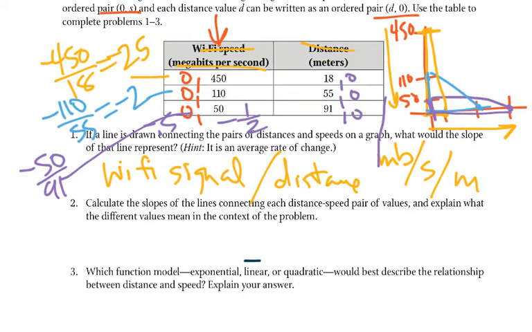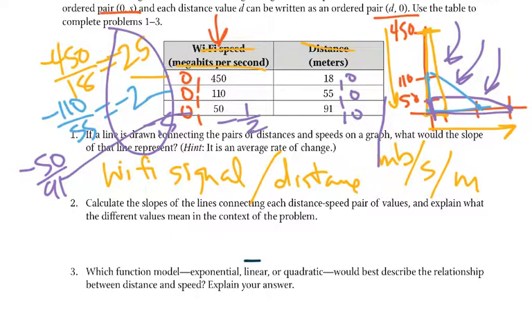Number 3 says, which function model, exponential, linear, or quadratic, would best describe the relationship between distance and speed? I know we probably want to say these look linear, and that's true, but we're taking more how these slopes are changing. The further we get out, it's still going to eventually reach there, so we'd probably never go to 0 or negative.